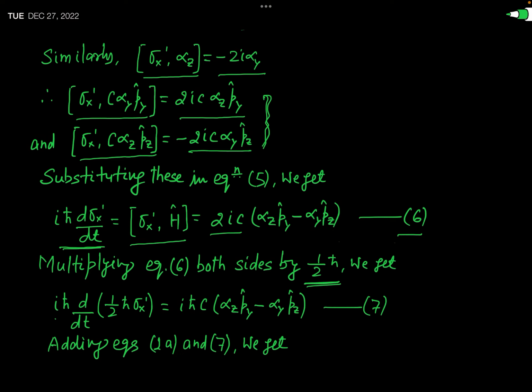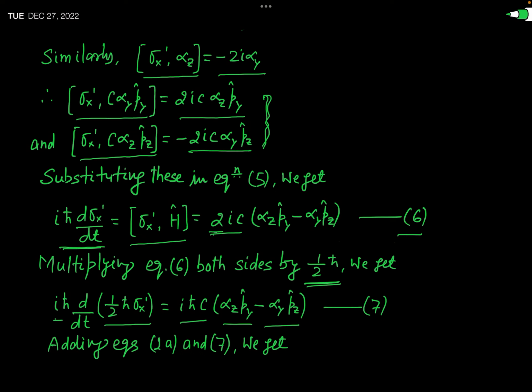Since 1 by 2 h bar is a constant factor, you can write it inside this operator. So this can be written as i h bar d dt of 1 by 2 h bar sigma x dashed. And in the RHS, when you multiply by this factor 1 by 2 h bar, this 2 will cancel out, and here there will be h bar. So this is i h bar c alpha z py minus alpha y pz.